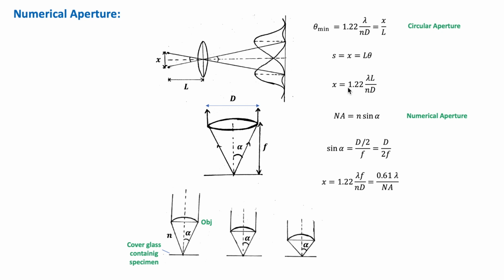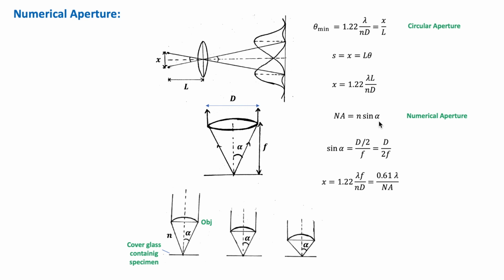Another way to look at it is through the concept of numerical aperture, NA, which is used for a lens, for example, in a microscope. The numerical aperture for a lens is a dimensionless number that defines how much light can enter or exit a lens. The lens collects light in the form of a light cone, as you can see here. The numerical aperture NA is equal to n sine alpha. n is the index of refraction of the medium in which the lens is working, and alpha is the half angle of the cone of light.